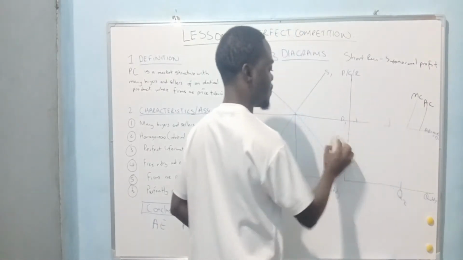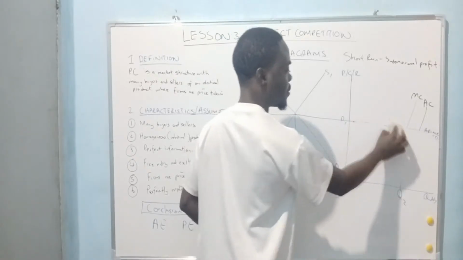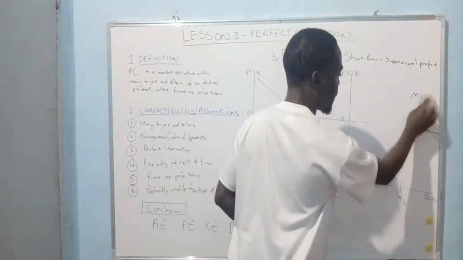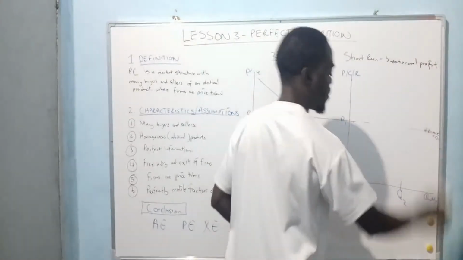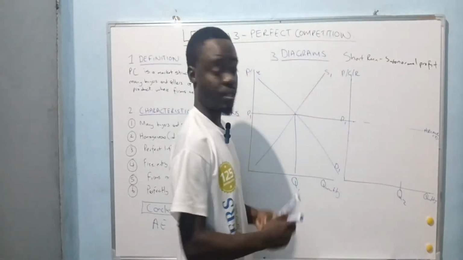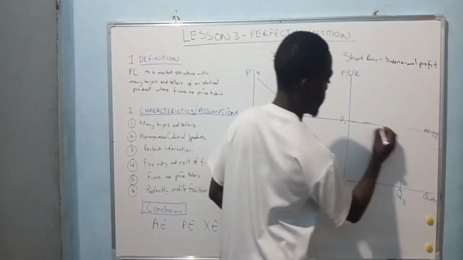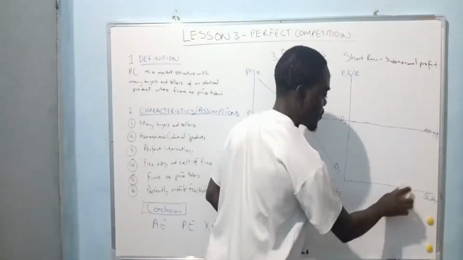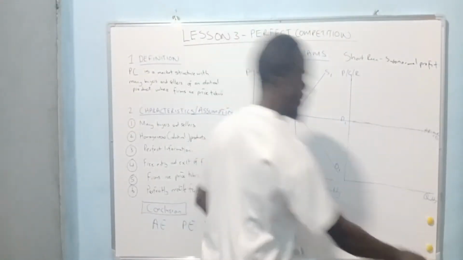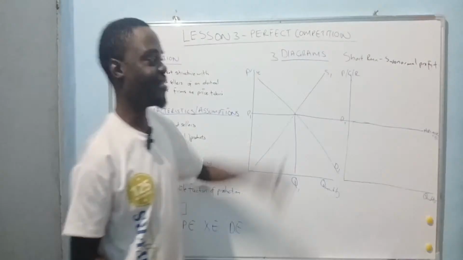Let me just remove this part. Then these curves, of course. All right. So what we are going to be doing is drawing the subnormal profit. We are trying to draw the loss. All right, I've now quickly rubbed the board, right?